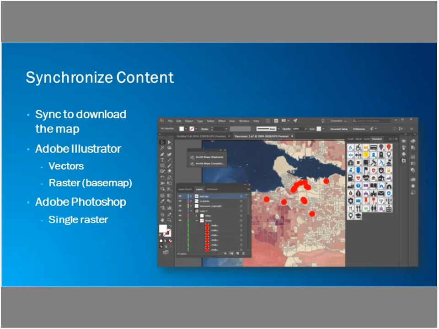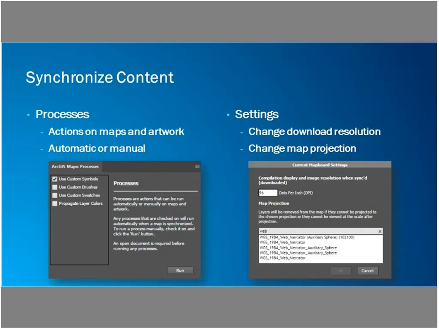So if it's vector, it will be vector. If it's features, it will be features, and base maps will be downloaded as rasters. In Photoshop, downloaded vector data will be changed to rasters. So that's one thing to keep in mind.